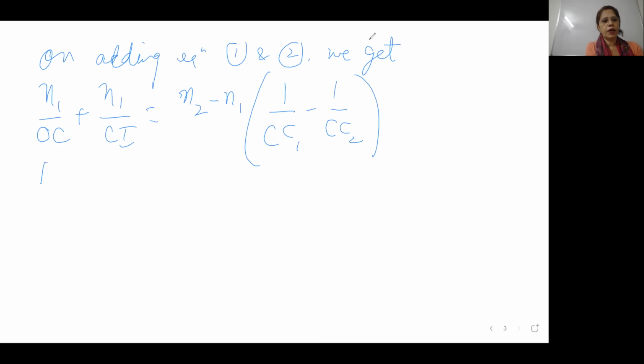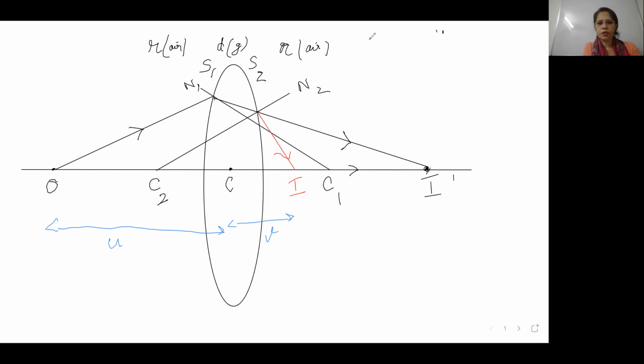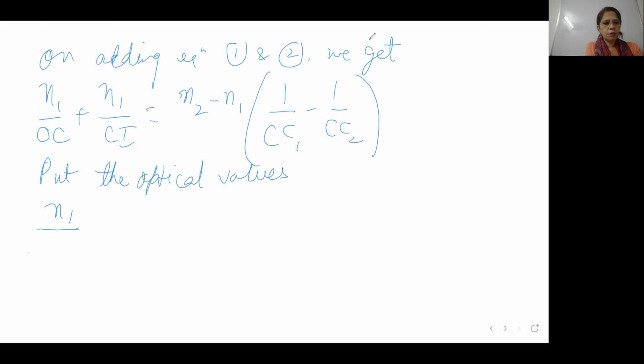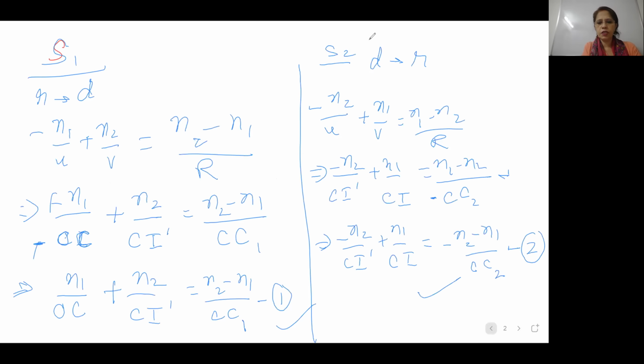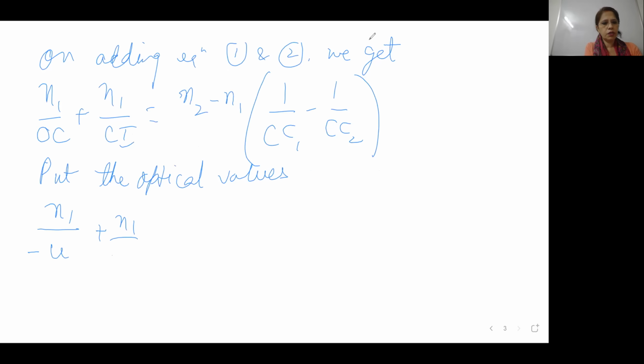Now put the optical values, and while putting the optical values, remember that you have to use the sign convention. Now what is OC? See from the figure, OC is your object distance, so it will be minus U. Plus N1 upon CI. CI is V, so this will be plus only.